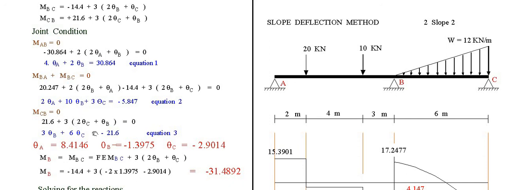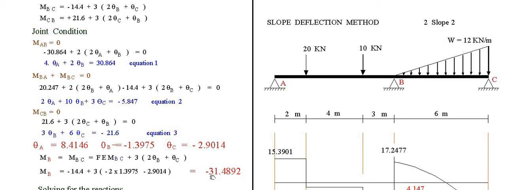Theta B is negative right here. So twice the theta B, then theta C is minus 2914. So solving this, all numbers numerical, equal to minus 31.4892.